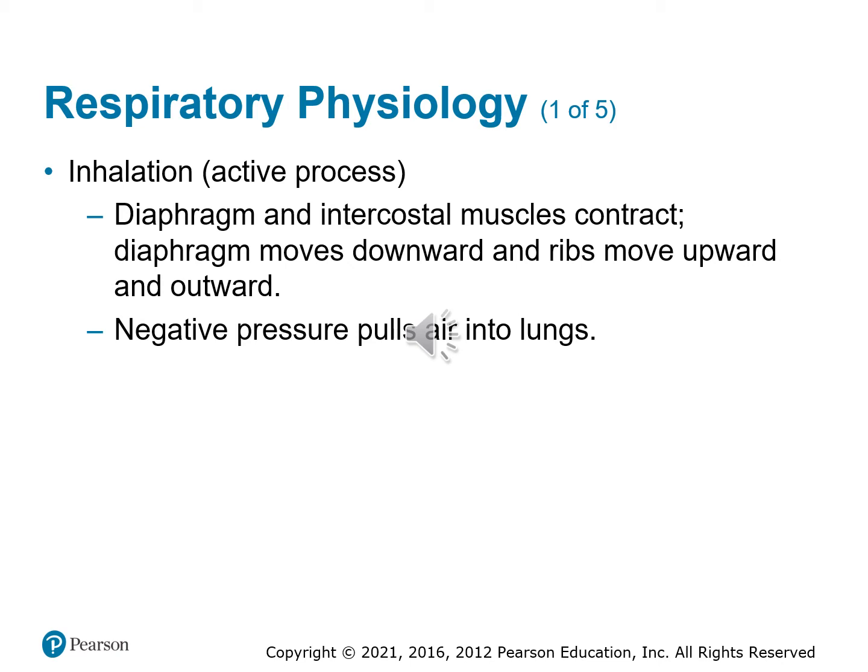When the diaphragm contracts, it pushes downward into the abdomen, and the intercostal muscles move upward and outward. If you picture that, it's making the chest, or thoracic space, larger. This creates negative pressure and pulls air into the lungs.